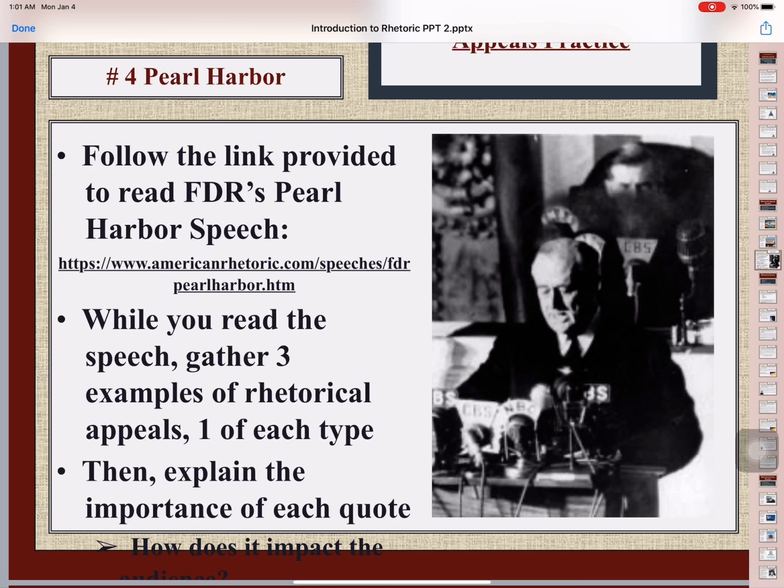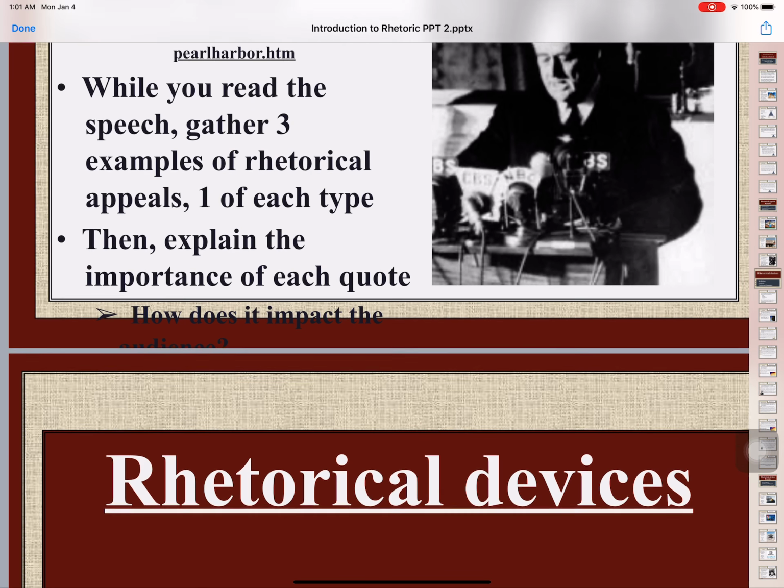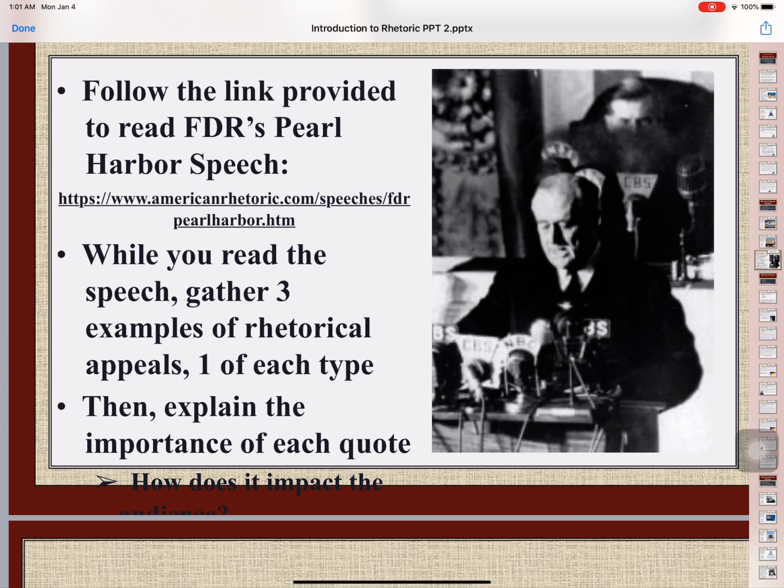While you read the speech, gather 3 examples of rhetorical appeals, one of each. So I want an example of ethos, an example of pathos, an example of logos, and then I want you to explain the importance of each quote. How does it impact the audience? You have to explain that for each quote. How does it impact the audience? For pathos, for ethos, for logos. And what were those appeals to pathos, logos, and ethos? How did they do that?